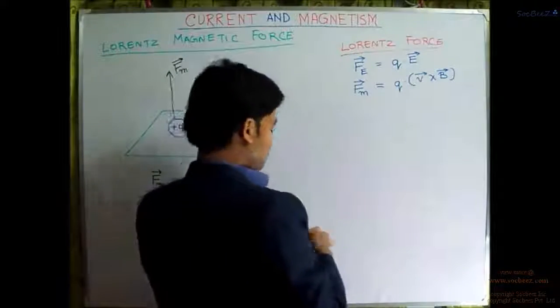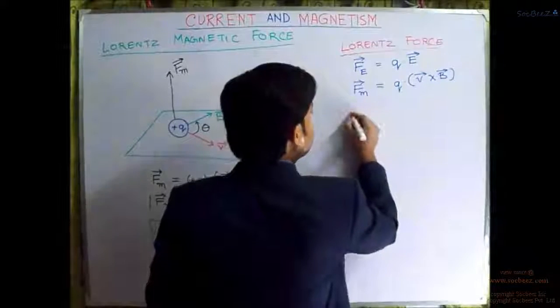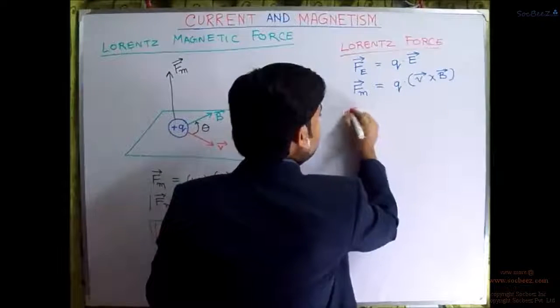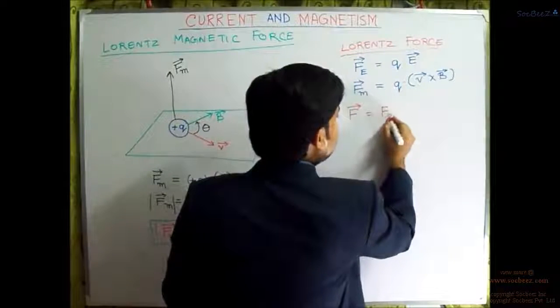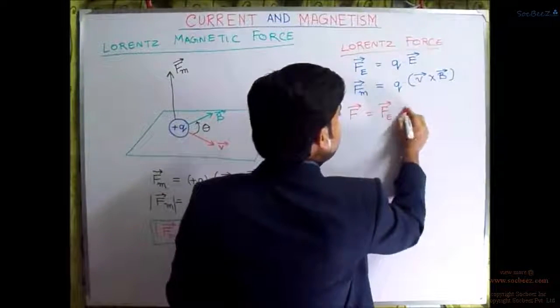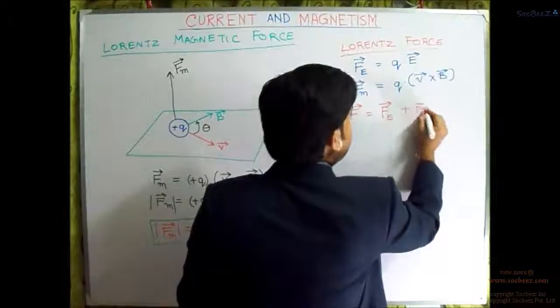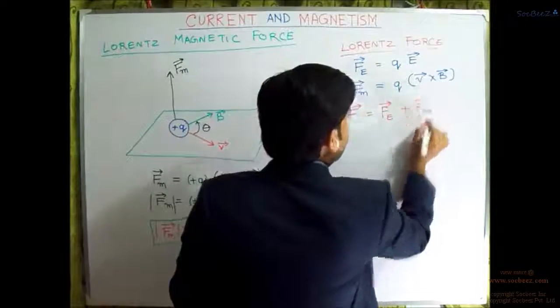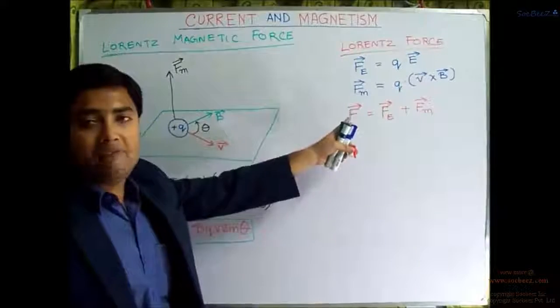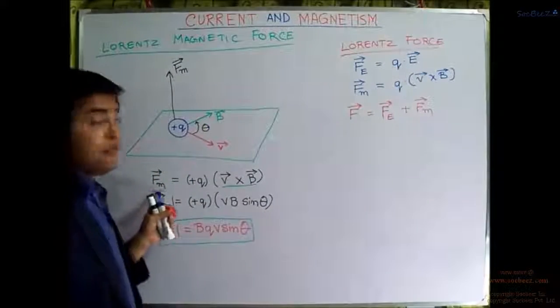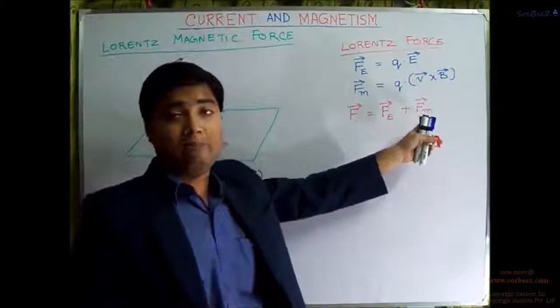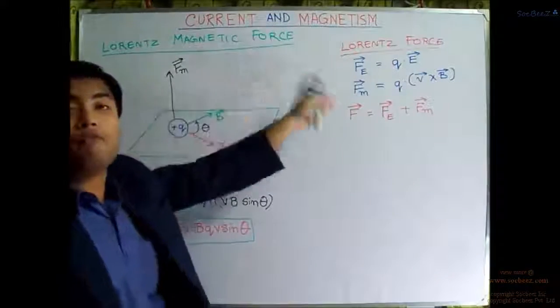So F will be equal to Fe plus Fm, where capital F is the Lorentz force and Fm denotes the Lorentz magnetic force.